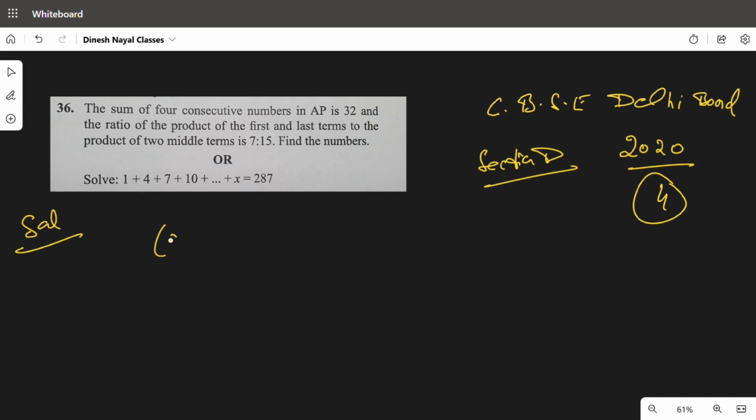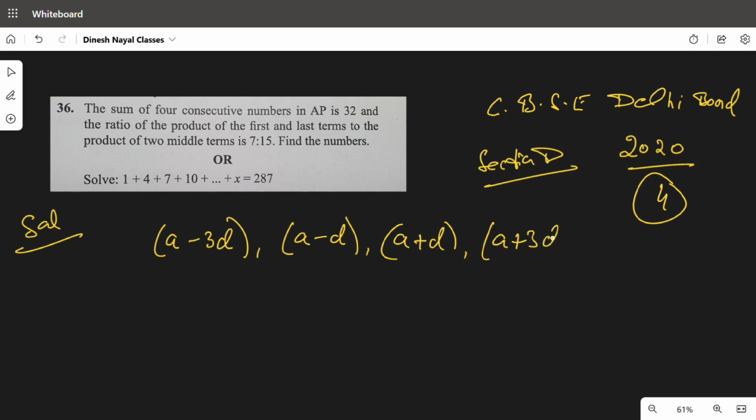You should memorize this: A minus 3D, A minus D, A plus D, and A plus 3D. So these are the 4 numbers.